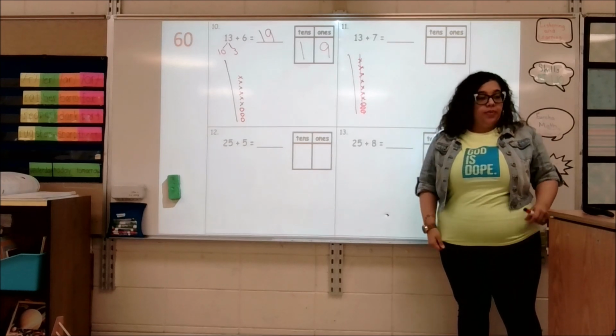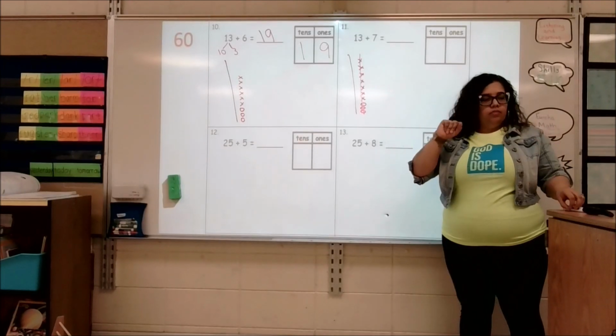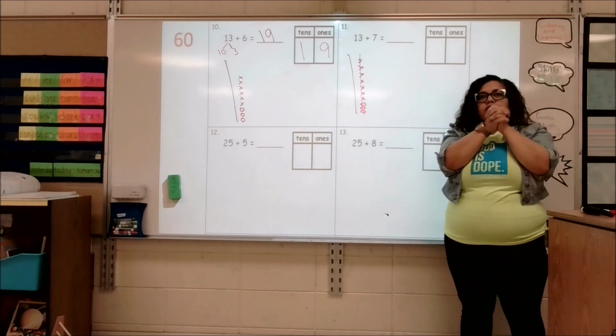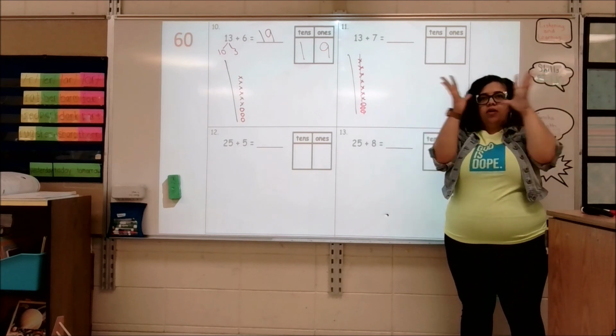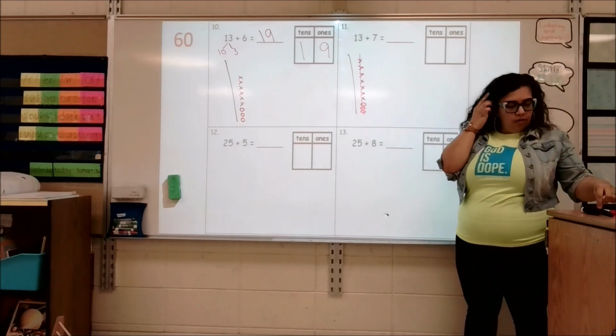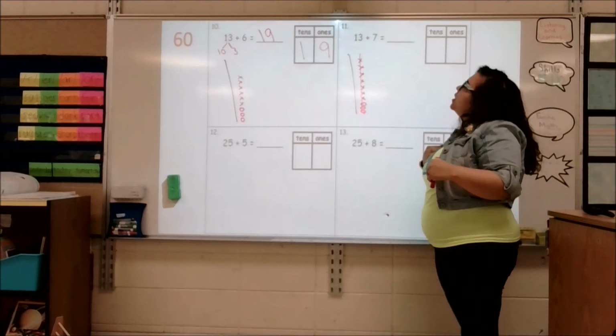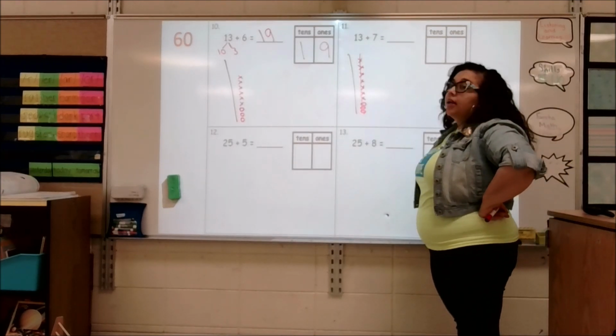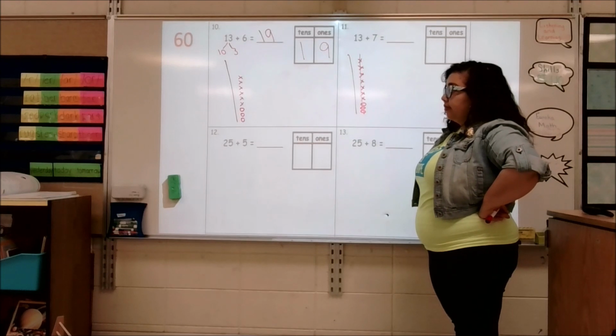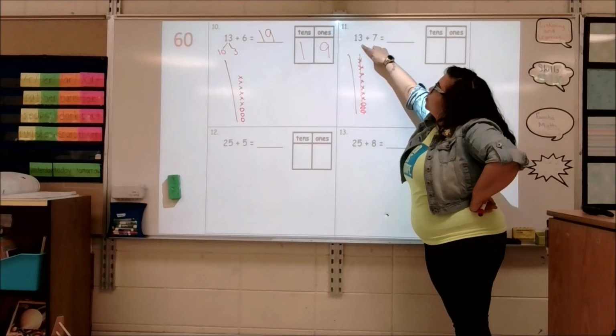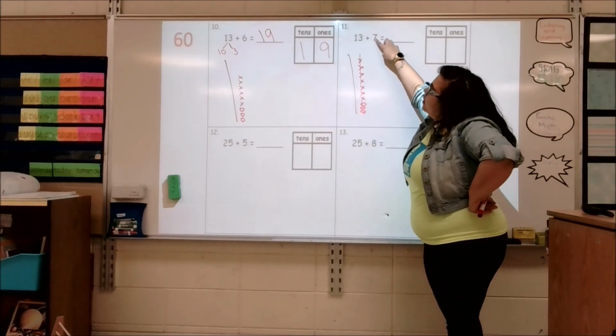Yes, I completed a group of 10. Show me that. So 3 and 7, group of 10. 7 and 3, group of 10. We completed a group of 10. Now, do you think I moved these ones over here or moved these ones over there?